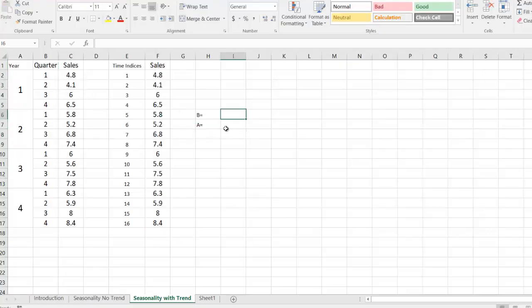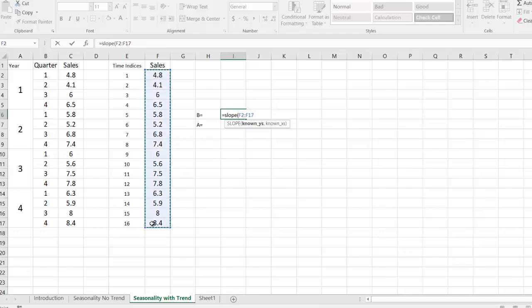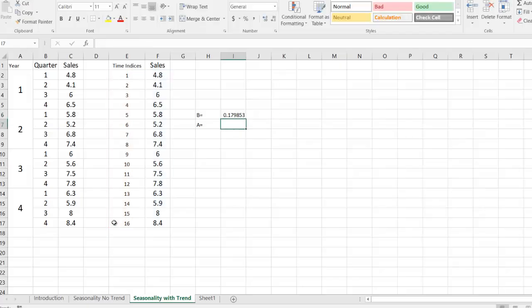For the values of the slope and the intercept, we'll make use of the slope and intercept formula of Excel. So for the slope of the line, that's equal to slope, known Y values, which is the sales data, and the known X values are the time indices. The slope of the time series is equal to 0.18.